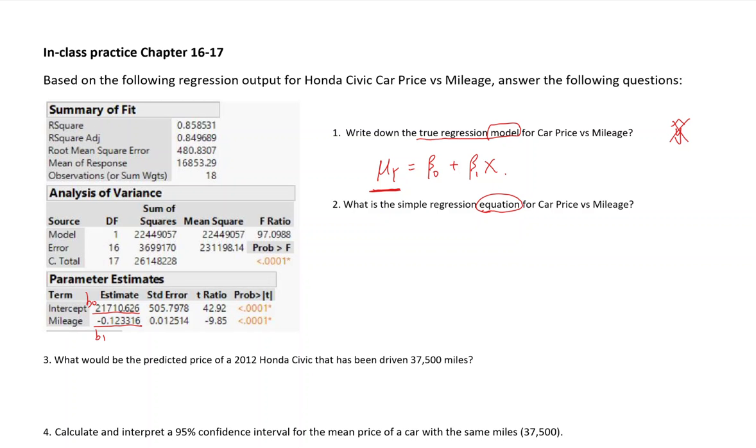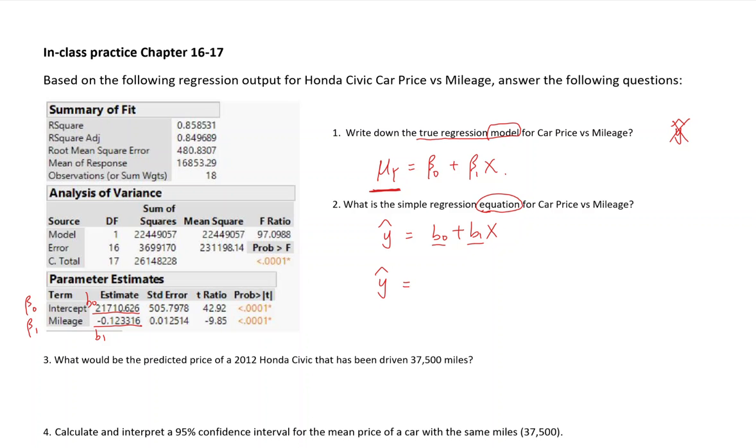The whole row here is about beta 0, the whole row here is about beta 1. So what is the simple regression equation? We plug in the detailed values of B0 and B1. Generally it is y hat equals B0 plus B1x. But since you have the output, you have the detailed values for B0 and B1.